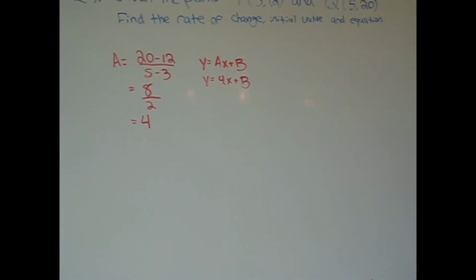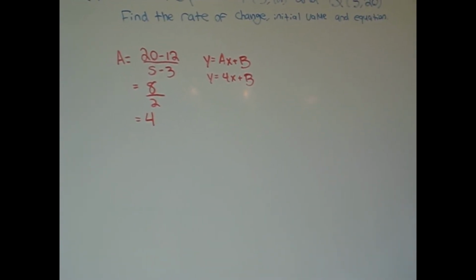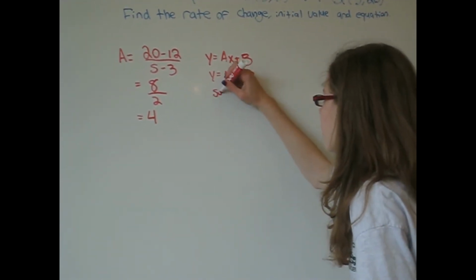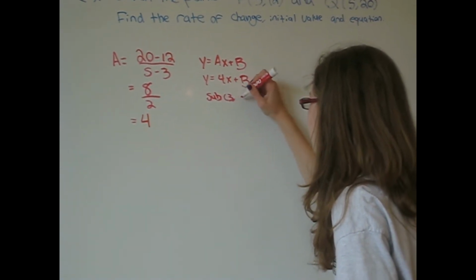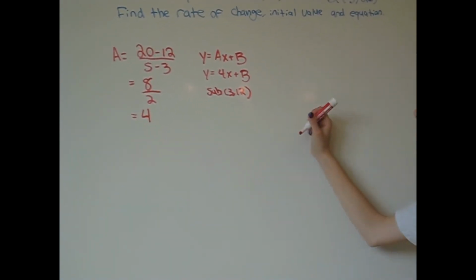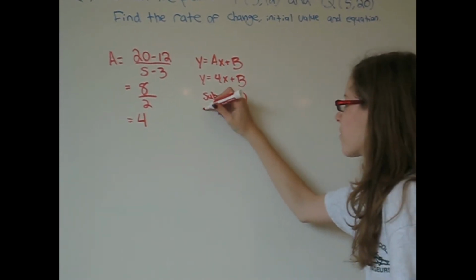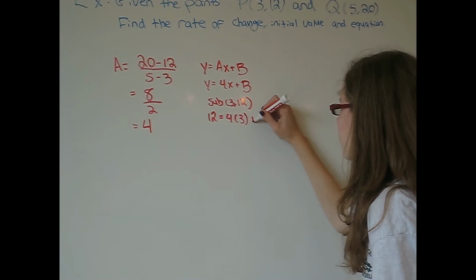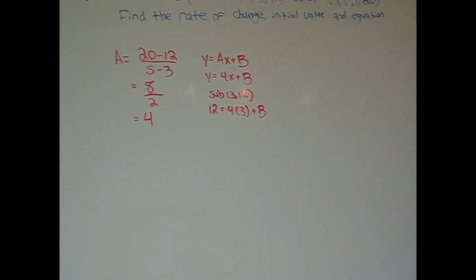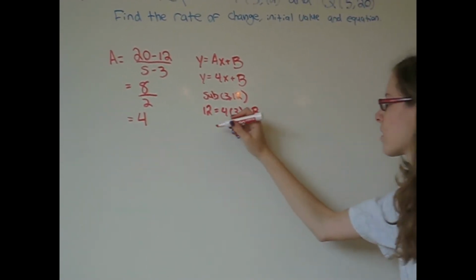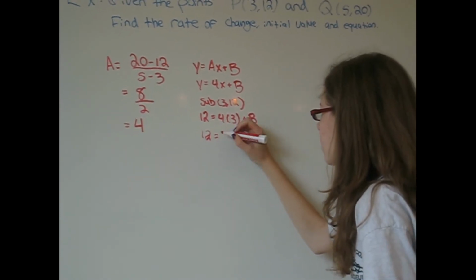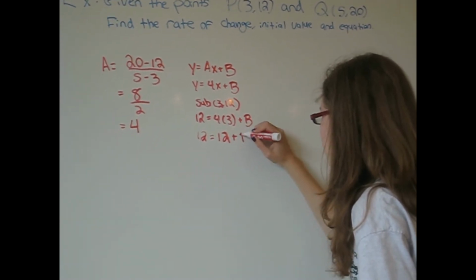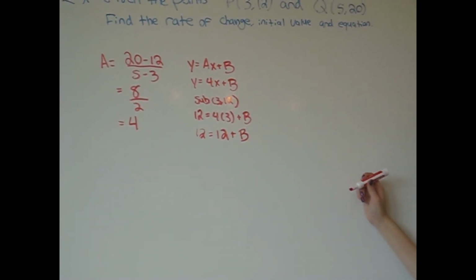We need to substitute a point in order to find b. We are going to choose the point (3, 12). Sub 3, 12. 12 equals 4 times 3 plus b. 12 equals 12 plus b. 12 minus 12 equals b.